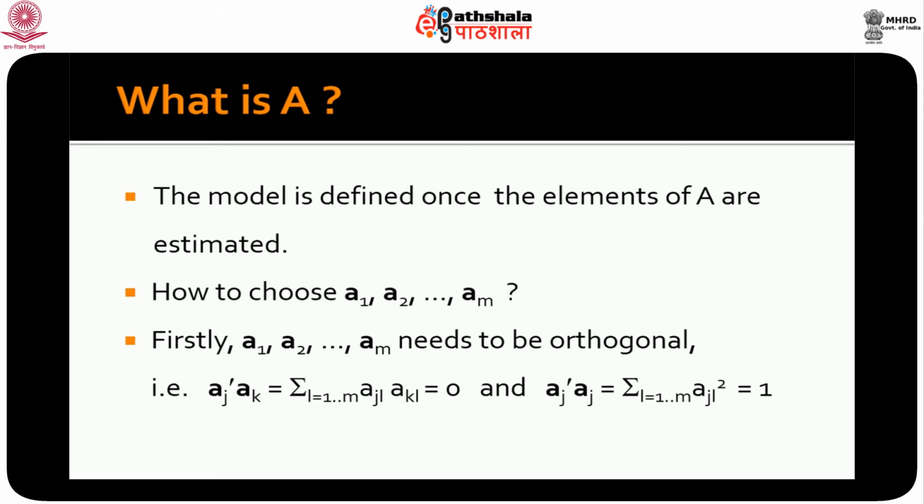So, basically these are not just orthogonal, they are orthonormal. Orthonormal means that a j prime a j must be equal to 1, that is, the inner product must be equal to 1, or we can say that the length is equal to 1. So, all of these a 1, a 2, a m should have unit length and be orthogonal to each other. This is the first condition that we need.